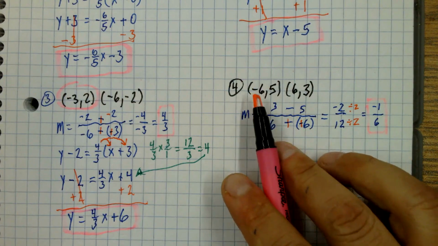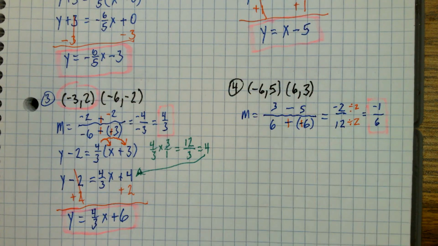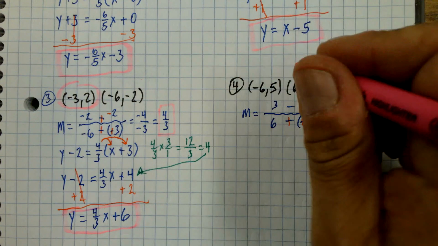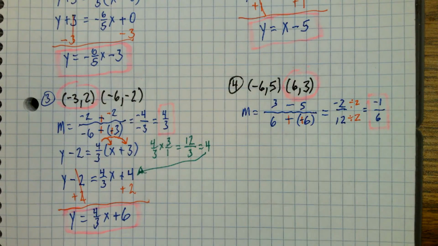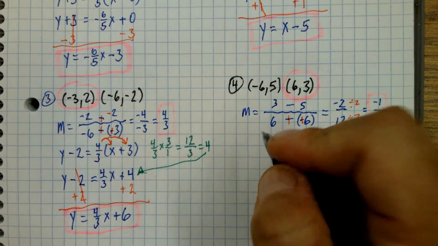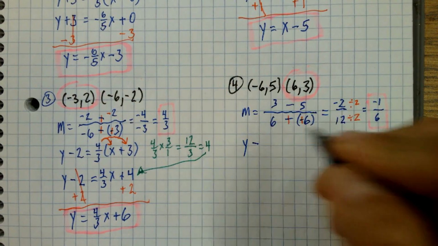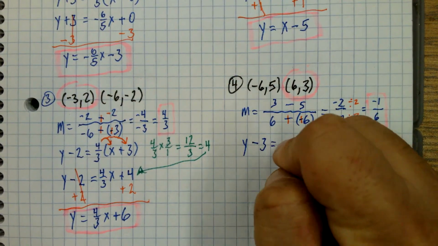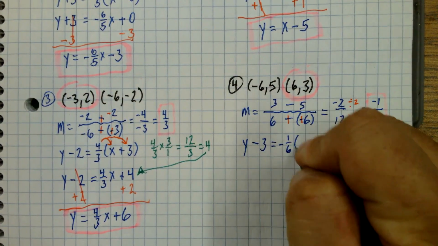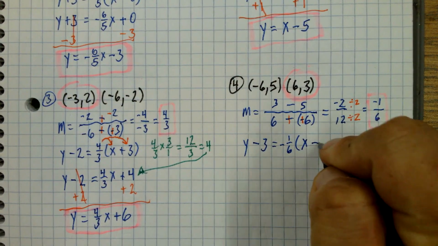Shall we use -6/5 or 6/3? Let's try that one. So we're using this point and that slope. -1/6 parentheses x minus 6.